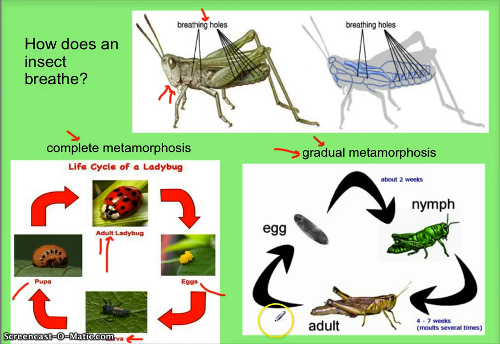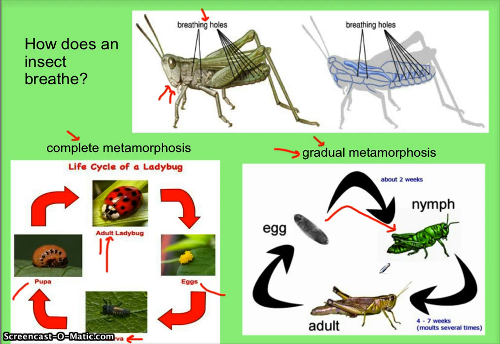And what happens is it goes from egg to something coming from the egg, and it's called a nymph. Now notice this nymph grasshopper looks pretty much like a small adult. And for all the insects, that's how it will look. If it goes through gradual metamorphosis, it comes out of the egg looking like a small adult.